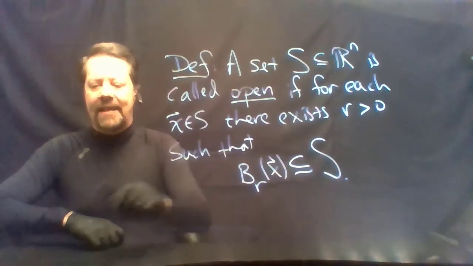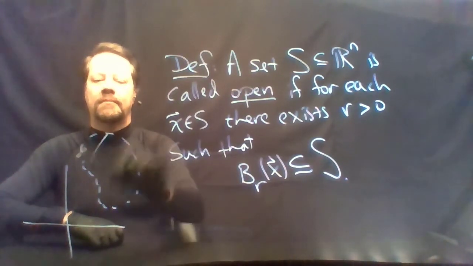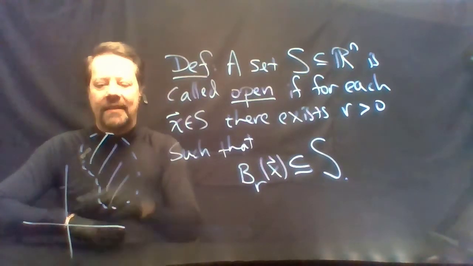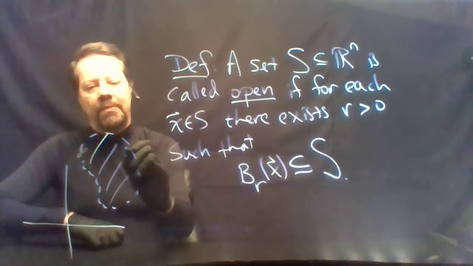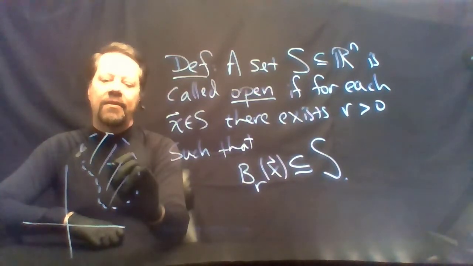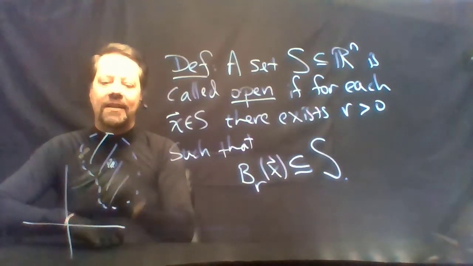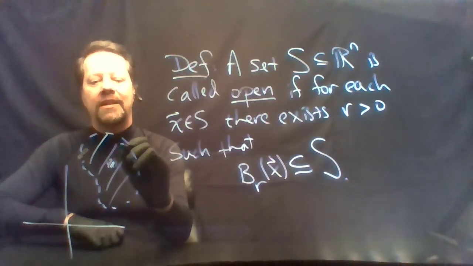Let me give you an example. Suppose we have some generic kidney-shaped lamina without the boundary curve. At each point within this set, you can find an open ball small enough that that open ball is entirely contained within the set. And that's true no matter how close you get to the boundary.